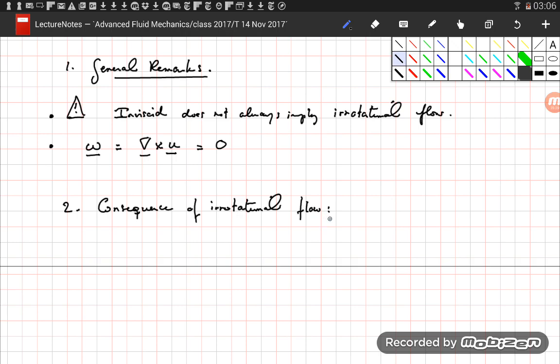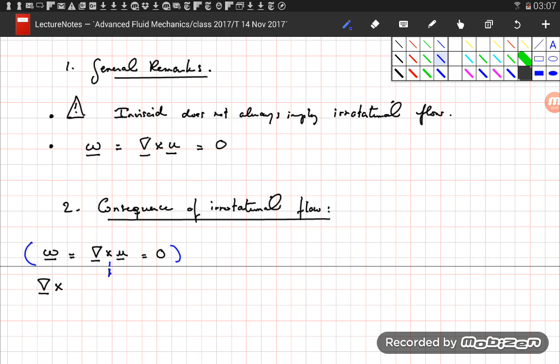Here we are going to use an identity which you could find again in the handout. It's just a vector analysis identity which you're not expected to remember. But let's write that we have the vorticity vector which is equal to 0, and let's take the curl of this whole thing.